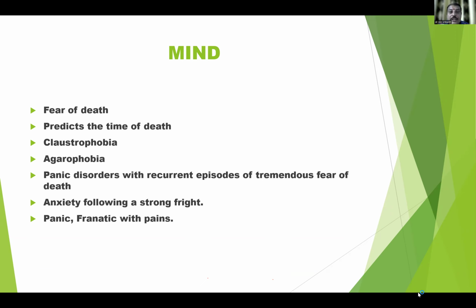All these sort of remedies with very stormy, speedy action will come into the picture in those acute phases of insanity. But once that period is over, then they should be followed by the chronic remedies.